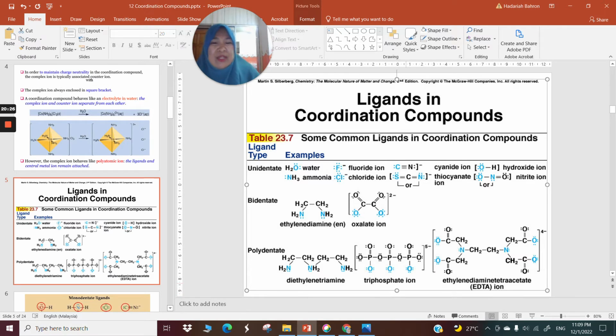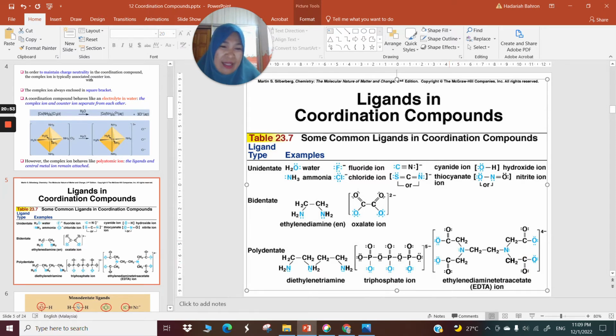The next one is triphosphate ion of this nature, and the most famous one is EDTA, ethylene diamine. Can you identify the ethylene diamine part? This is right in the middle. Tetraacetate, four acetate. So one acetate at the top, one acetate at the bottom on the left, one acetate at the top right, and one acetate on the bottom right.